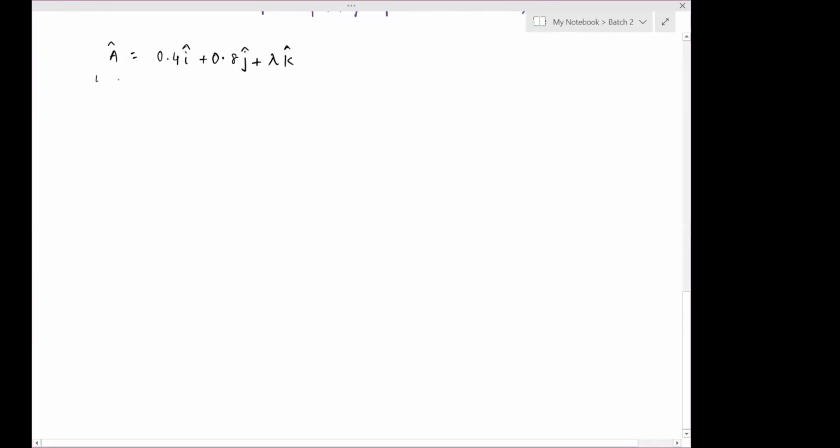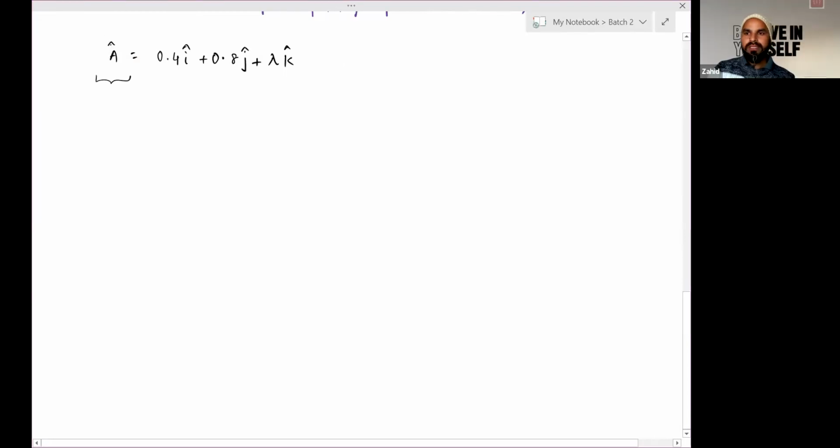Since in this part A has a cap over it, which means A is a unit vector. And we know the magnitude of a unit vector is just 1. So A mod will be equal to root under x component square plus y component square plus z component square.